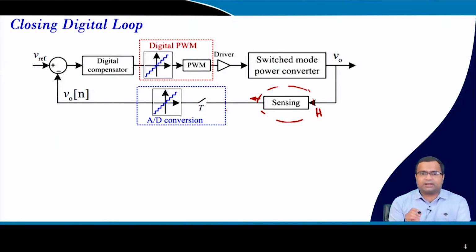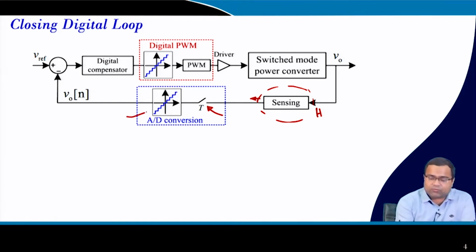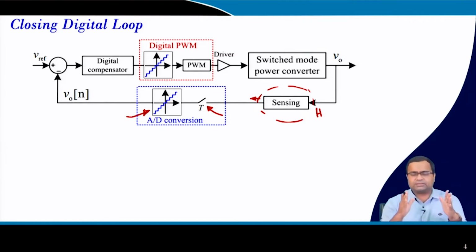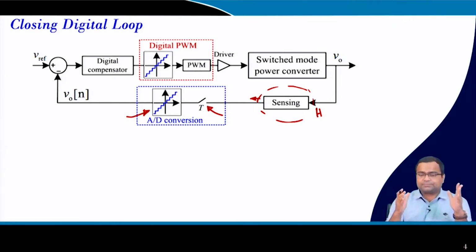The A to D converter is used to convert the analog signal into a digital signal, and this goes by three things. One is a sampler block, which you can represent mathematically, and then there should be a quantizer block. The sampling block will sample the voltage or any signal at discrete levels.